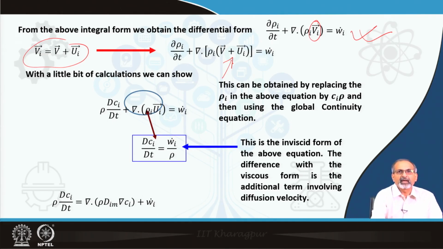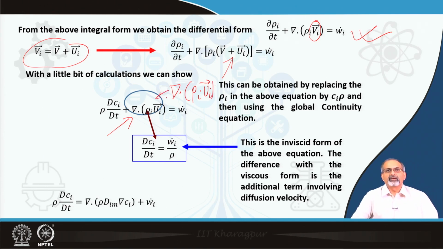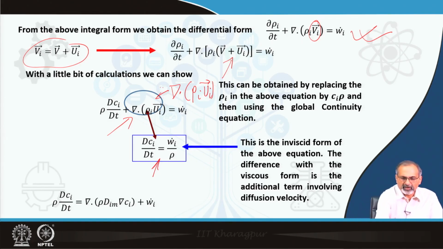With a little bit of calculations, we can actually show that rho times the substantial derivative of C I minus divergence of rho I U I, which is this encircled term, equals W I dot. And therefore, if you compare with the inviscid form, where d C I dt is equal to W I dot by rho, then you find that only this term makes the difference.